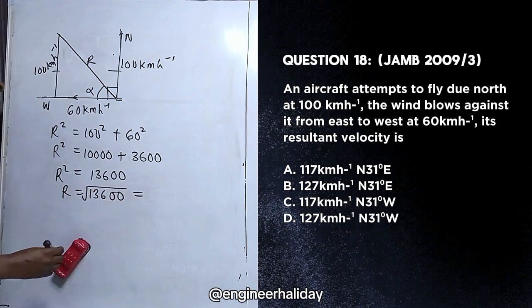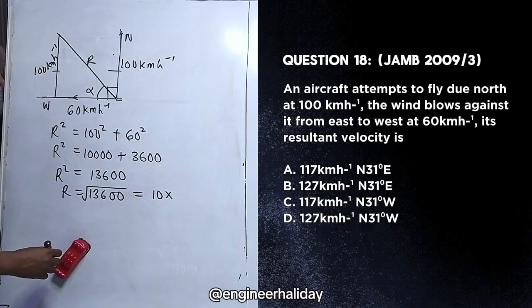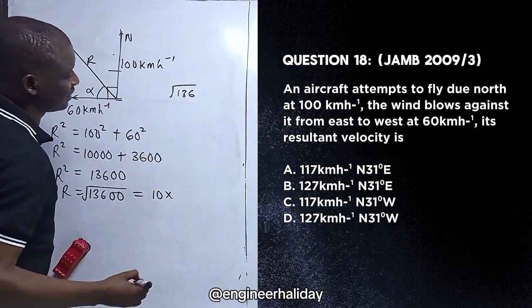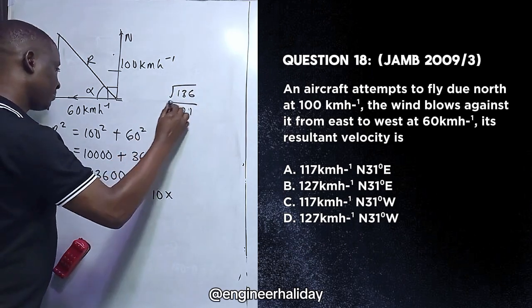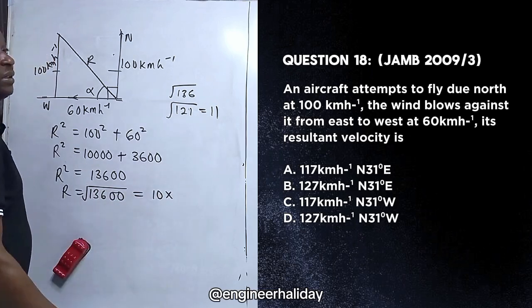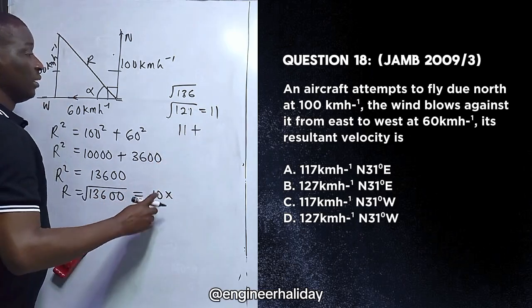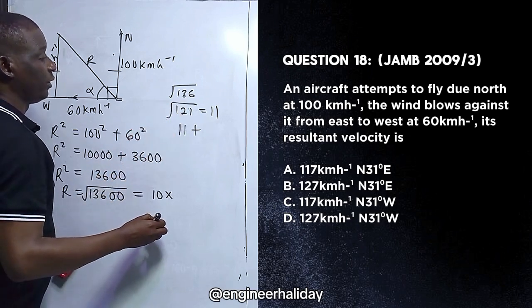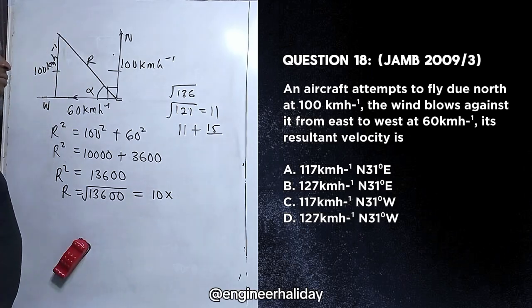So the square root of 13,600: 100 becomes 10 when you come out of the square root, leaving root 136. What is root 136? Root 121 is 11. Subtracting 121 from 136 gives 15.